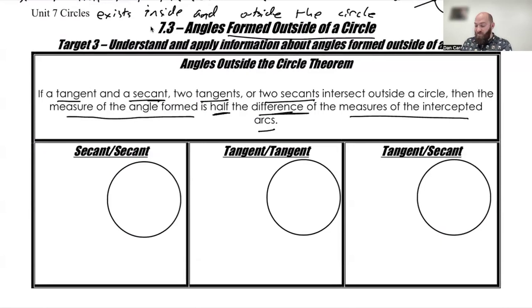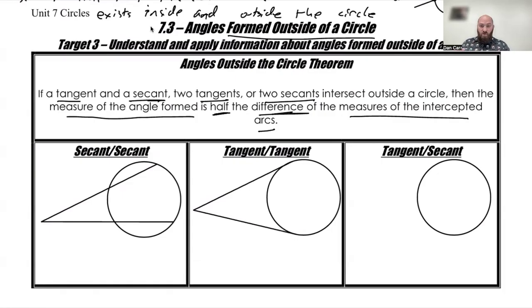So here's a secant that comes together with this secant here. If I have a tangent, it's going to do something like this. So there's two tangents, and then also a tangent and a secant. Here's my secant, and here's my tangent.